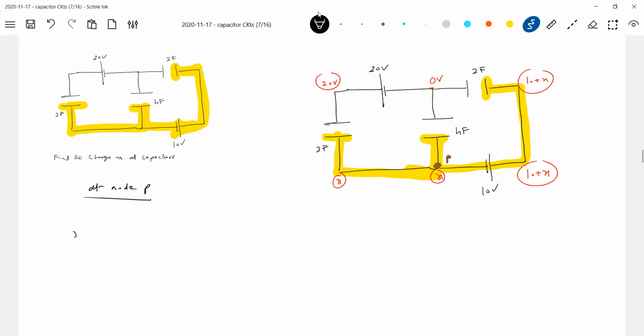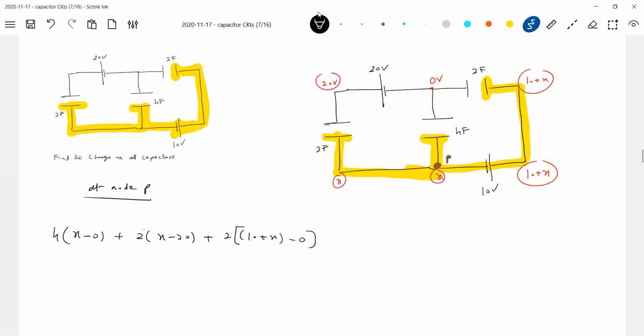So first is (x minus 0) into 4, plus capacitance 2 into (x minus 20), plus capacitance 2 into (10 plus x minus 0).